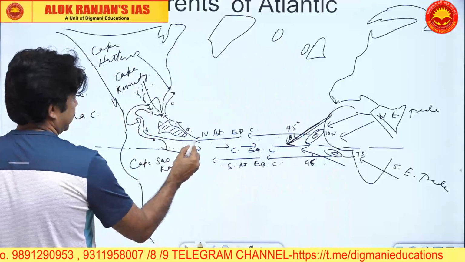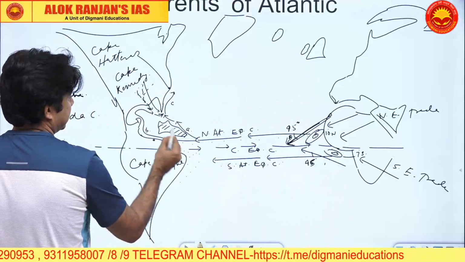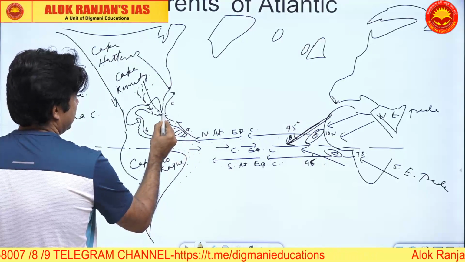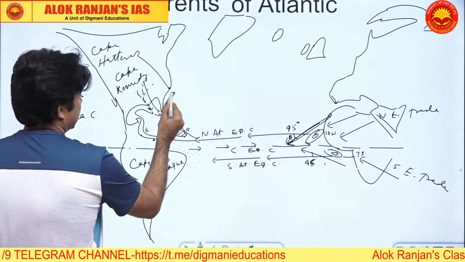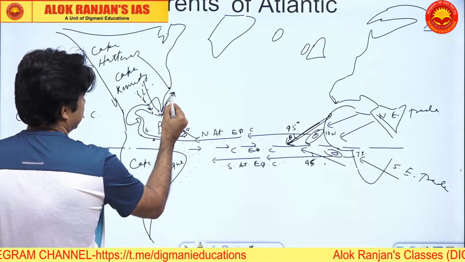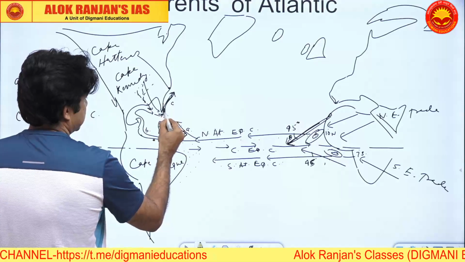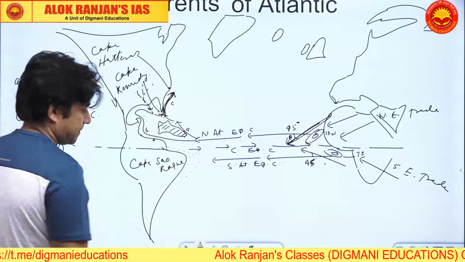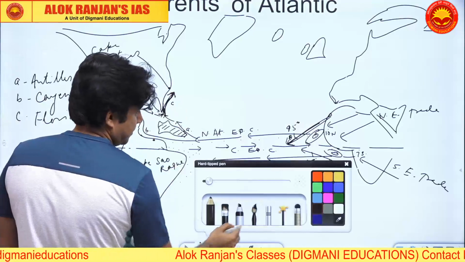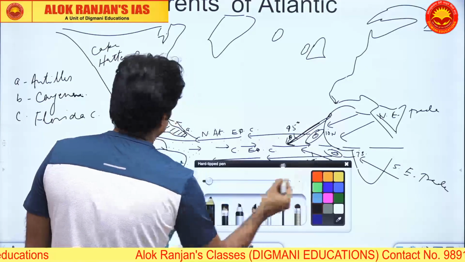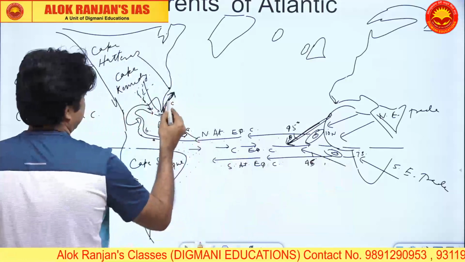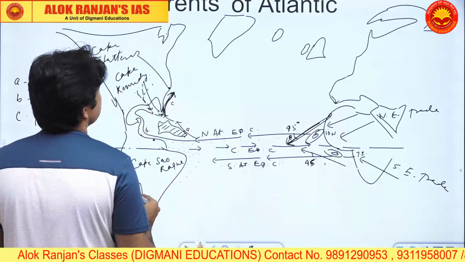So this is your Cayenne, this is your Antilles, both will converge and form another current called Florida. This is your Florida, showing it in color. Red. Okay. So this is your Florida current.